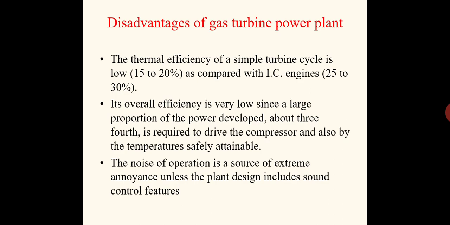That is the reason why thermal efficiency is very less in case of gas turbine. Only 1/4 of the power produced is getting as the final work output. So that final work output divided by heat input is the thermal efficiency, and that value will be very less. In case of IC engine, there is no such requirement. So whatever power output from the IC engine is directly used for producing energy.